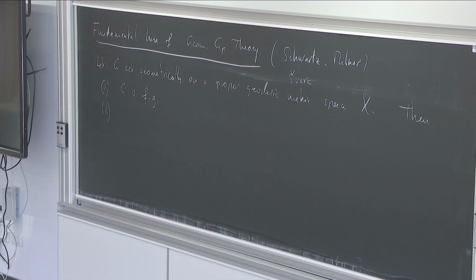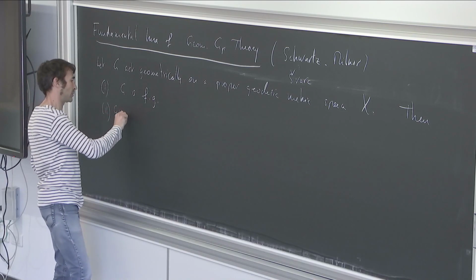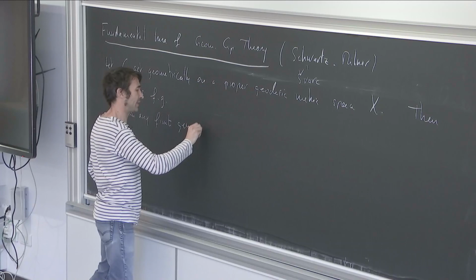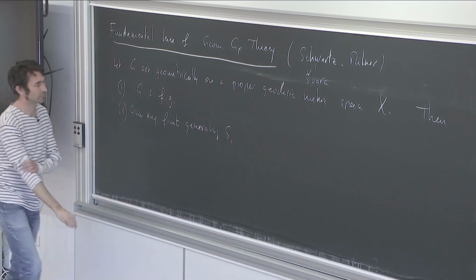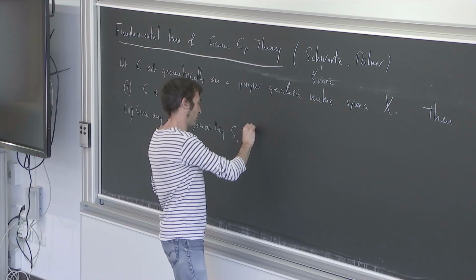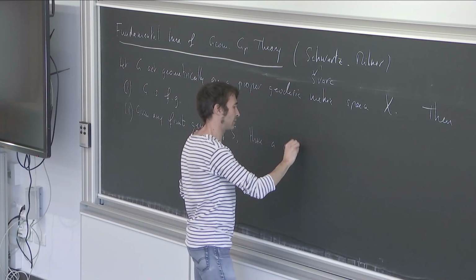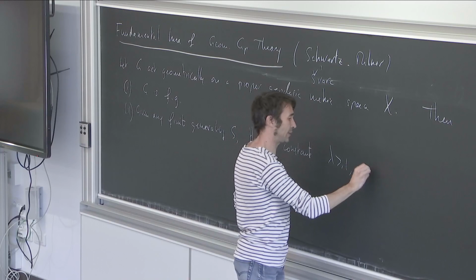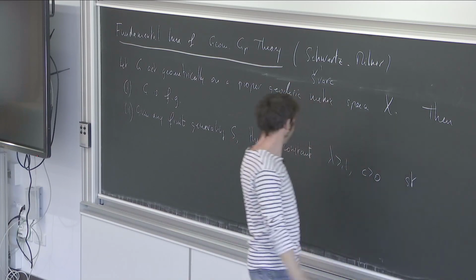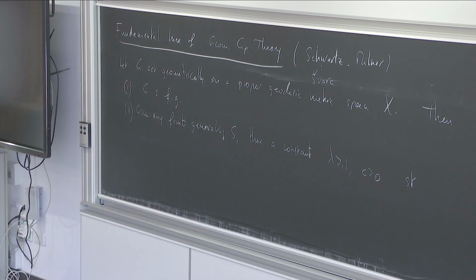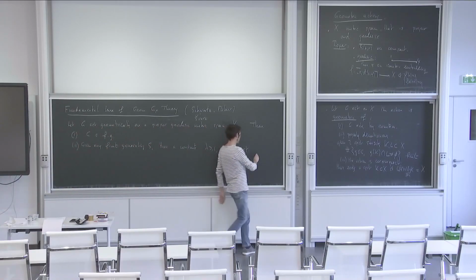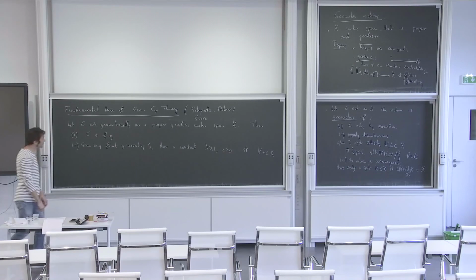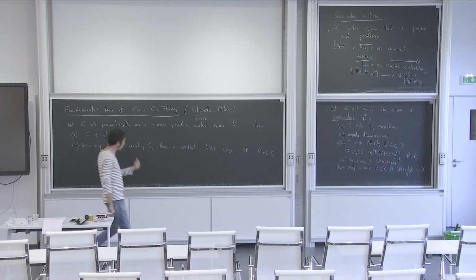And second, given any finite generating set S, there are constants lambda at least 1 and C positive, such that, what I want to do is to compare the distance given by the orbit map on X and the word distance, or the distance in the Cayley graph.